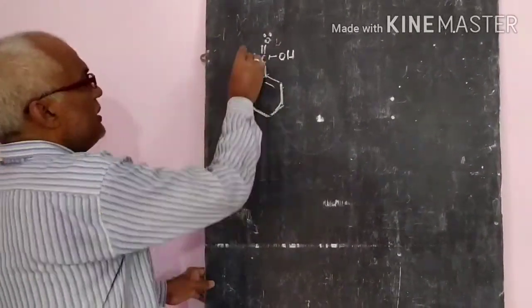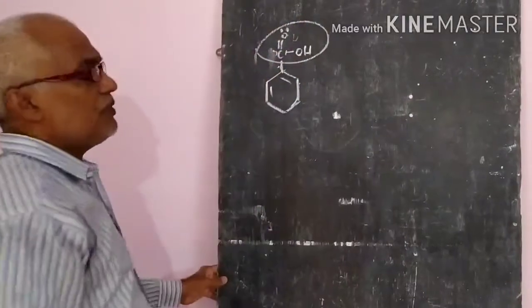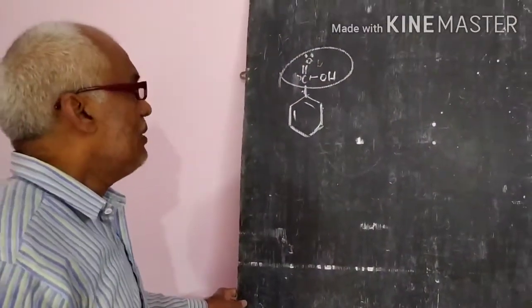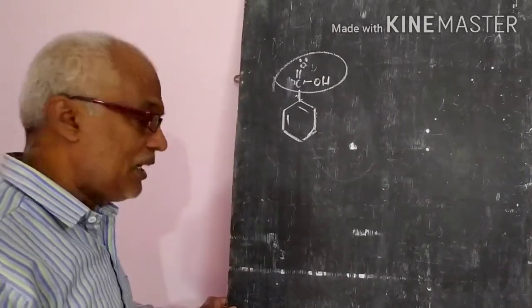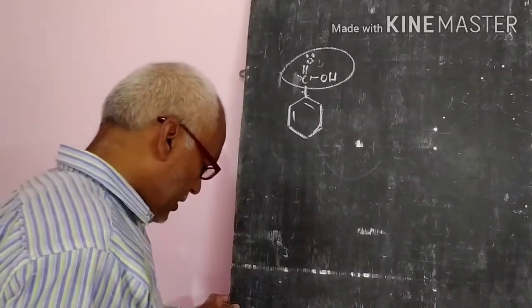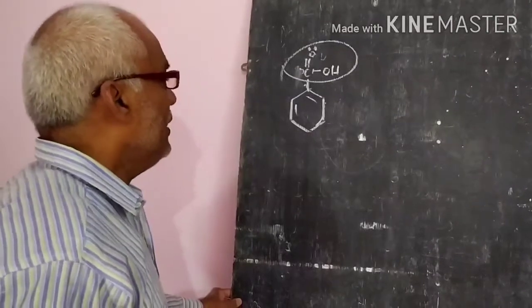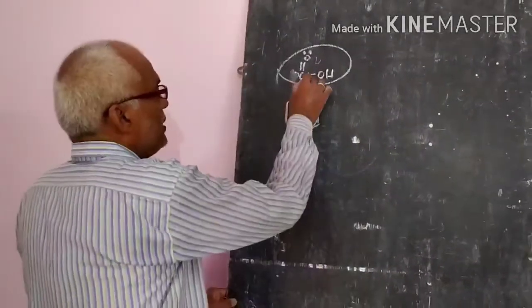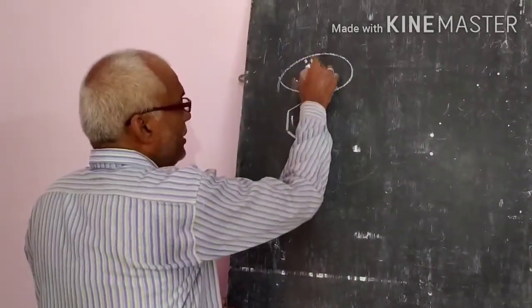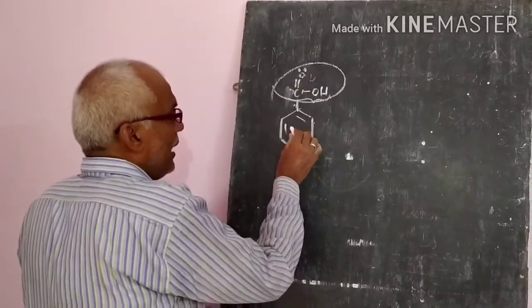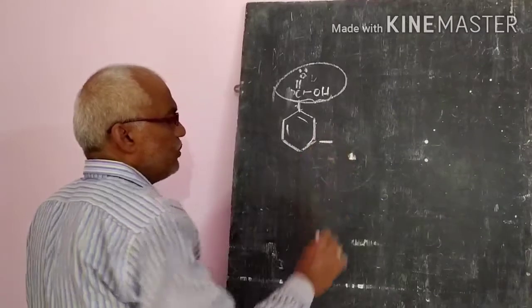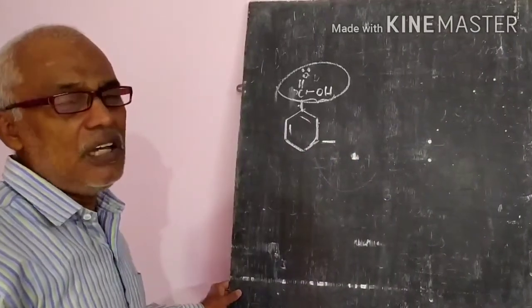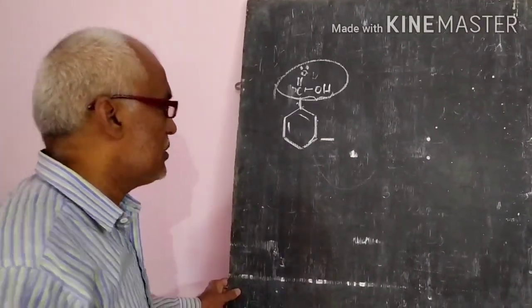But this carboxylic group COOH will undergo electrophilic substitution reactions. When an electrophile is there, then what will happen? The directing group should be at the meta position in the benzene ring, but not at the ortho and para positions.